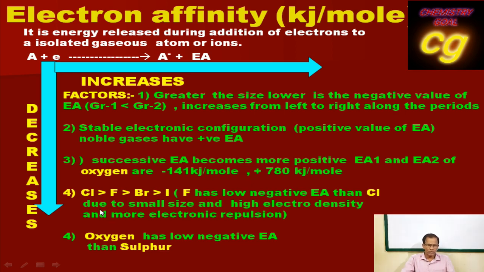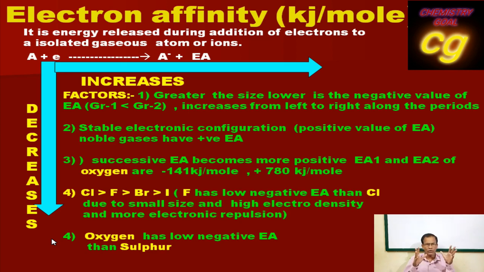Then, for example, chlorine, fluorine, bromine, iodine. But here, fluorine has a low electron affinity compared to chlorine. Although it is small in size, it should have high electron affinity, but fluorine has low electron affinity due to electron repulsion.